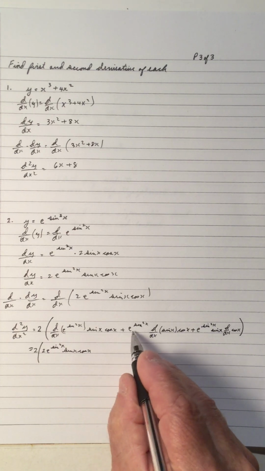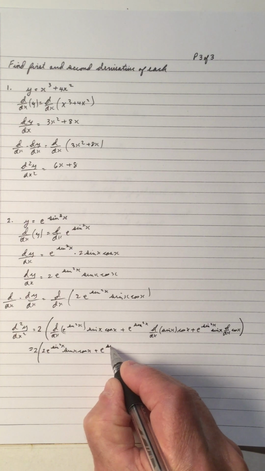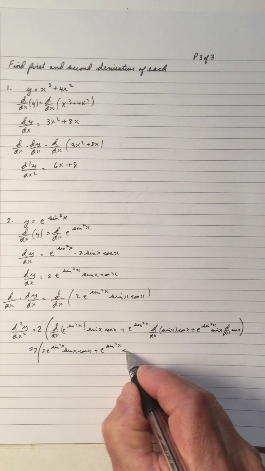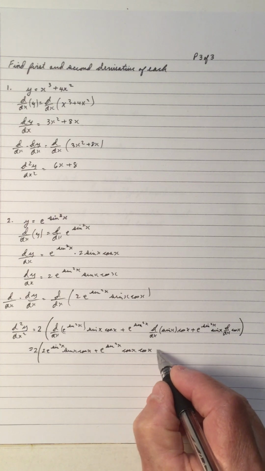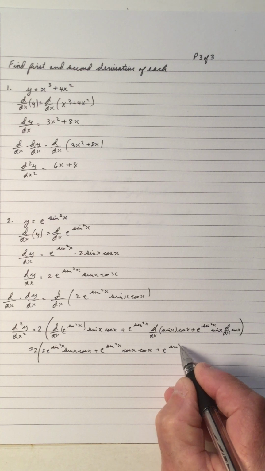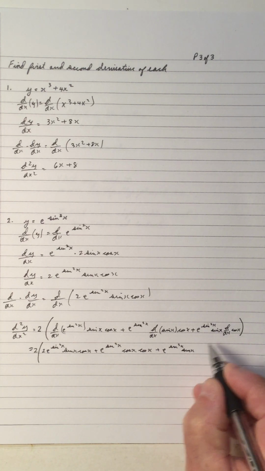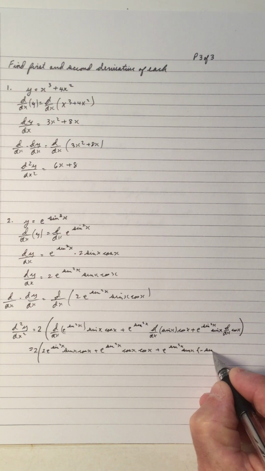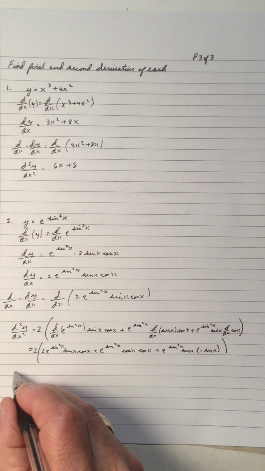Now this one: e to the sine squared x, the derivative of sine x is cos x. And e to the sine squared x, sine x, the derivative of cos x is negative sine x. And we simplify that.